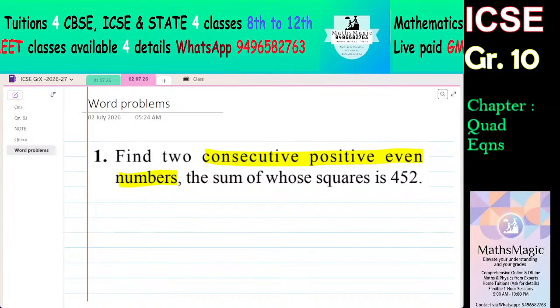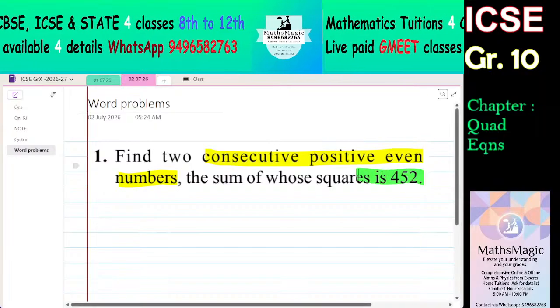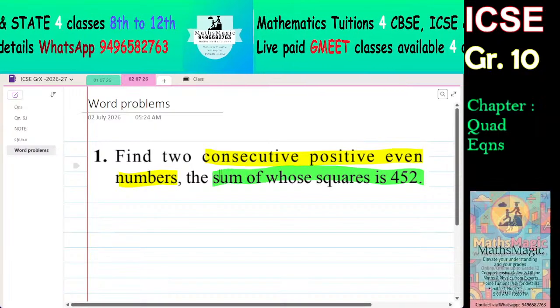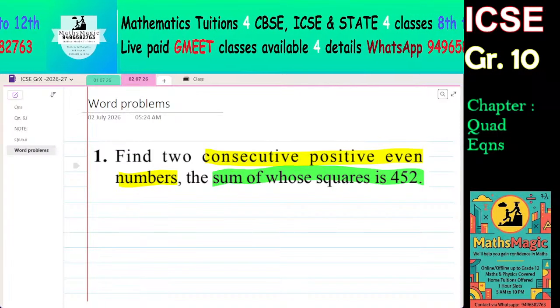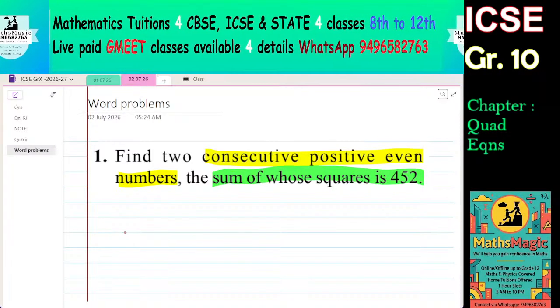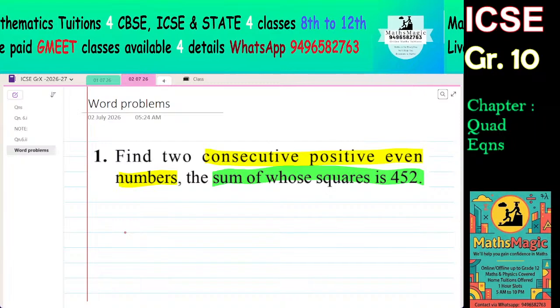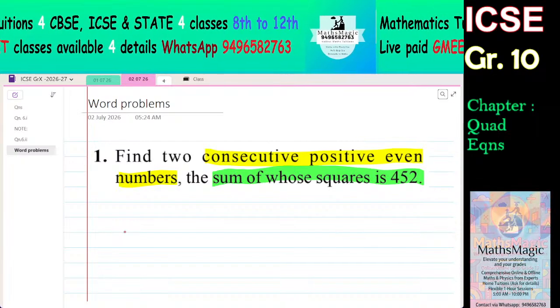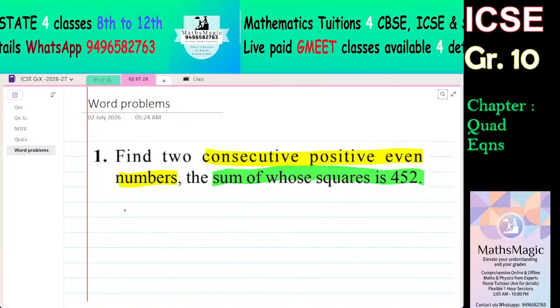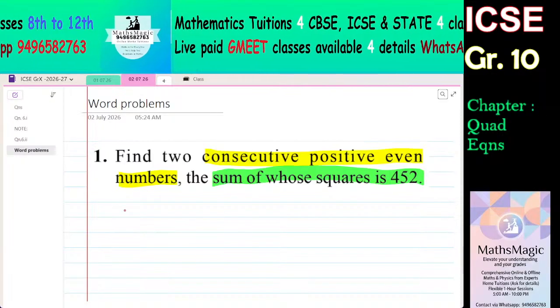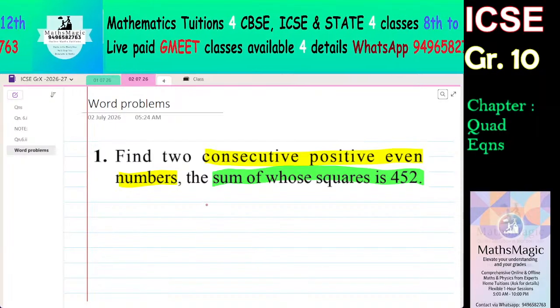That is the next clue. Normally we feel like using two variables x and y because two consecutive even numbers, it's okay to begin with. We can use that, but later on we need to use a little bit more logic.